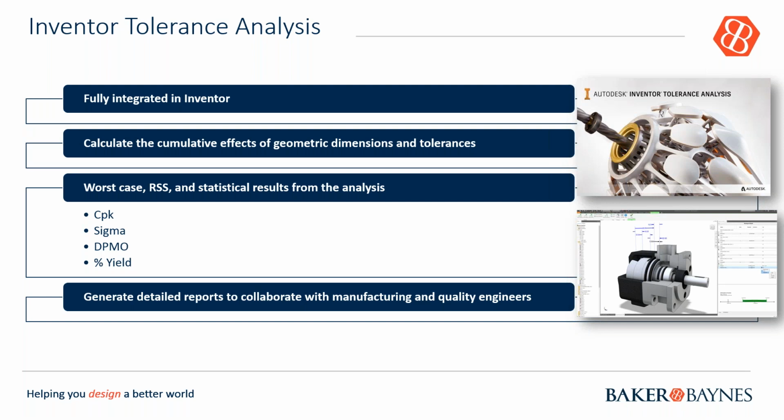It's everything you need to calculate multiple tolerance stack-ups in assemblies, whether they are created natively in Inventor or opened from another CAD system, so in CAD files. You'll still find advanced statistics results to help make informed decisions for manufacturing and generate detailed reports to share with manufacturing quality engineers. And let's have a look at what it does.